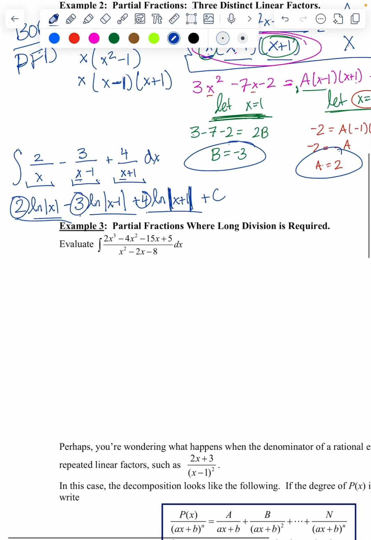Okay. Example 3. This is one of those problems where you look at this and you see that this is bigger on top, right? Bigger on top means I can simplify this using long division.